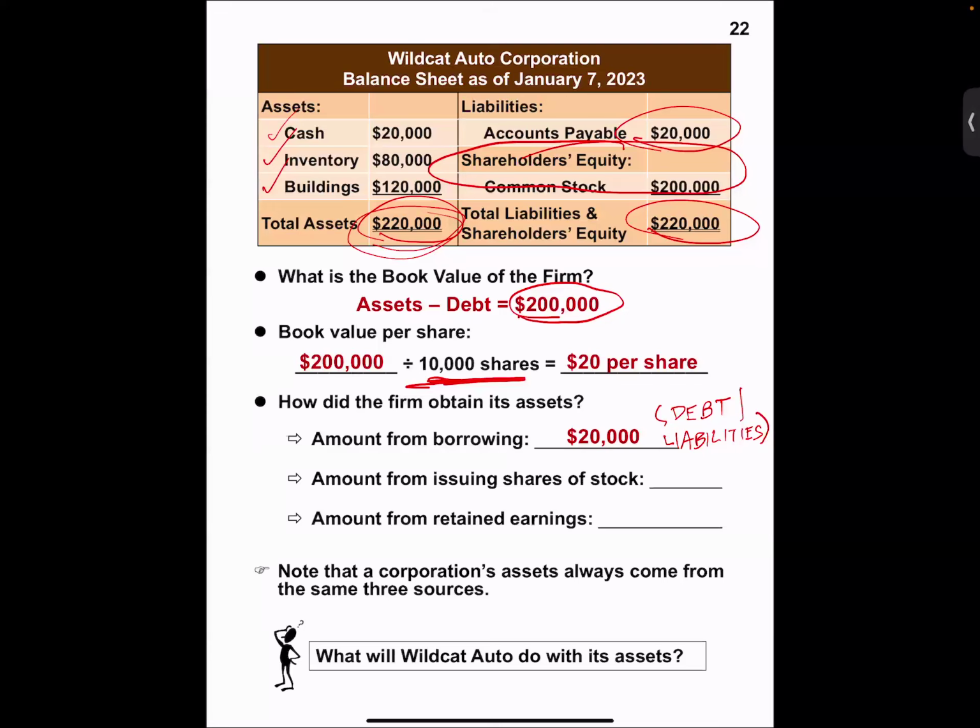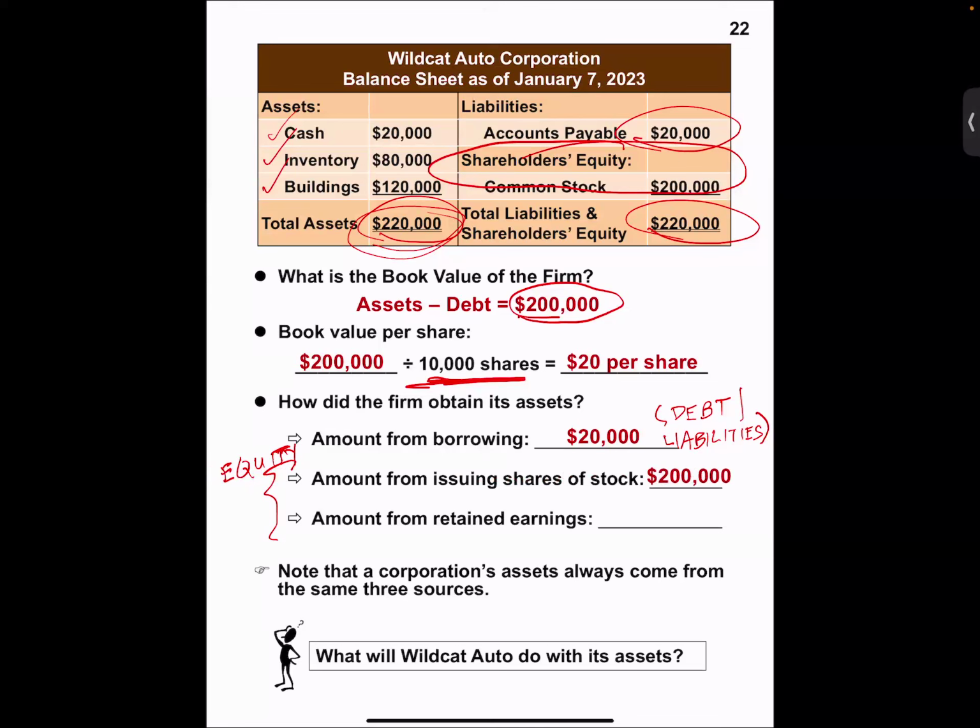Then looking at the equity part of it, these two are the equity source of assets. So there's debt or equity. The amount from issuing shares of stock, that's the common stock. That's the $200,000.